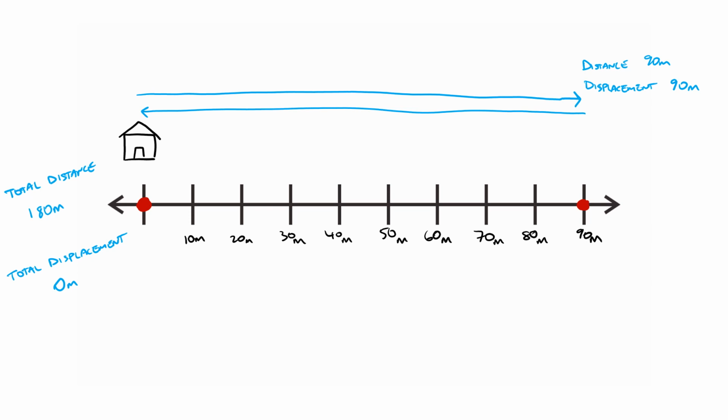You can see how displacement, which includes vector quantities, shows that directions do matter. If I add this blue line to that blue line, the directions themselves cancel each other out.